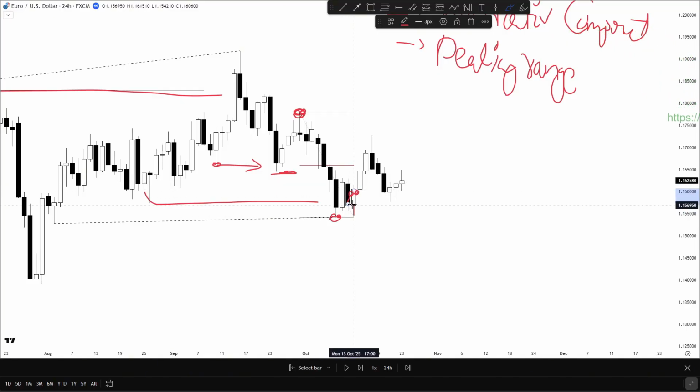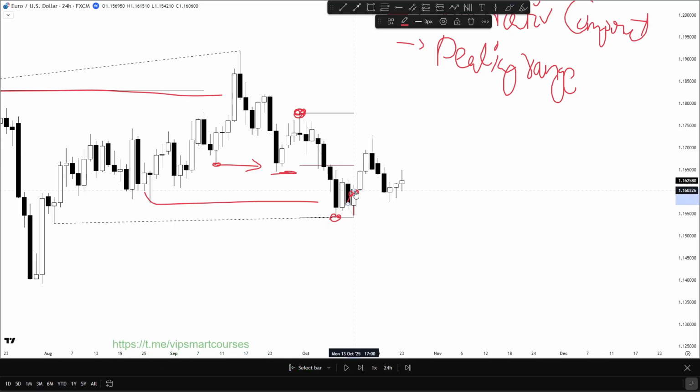From this point on, I established that we have now found a new dealing range, and the main priority for price is to first rebalance this dealing range, reach a key level, a premium key level, and once we've done that, then my bias will shift to bearish, and that is exactly what price did.